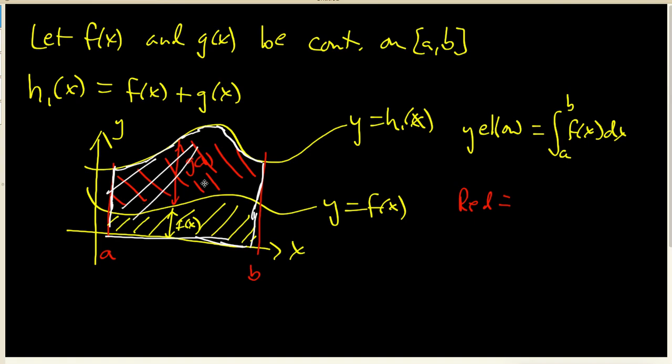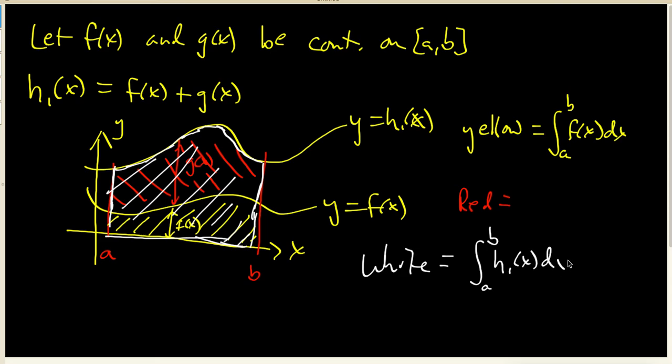So the white area is the integral between a and b of h1 of x dx, and the white area is also clearly equal to the yellow area plus the red area. The only question is what is that red area going to be equal to?